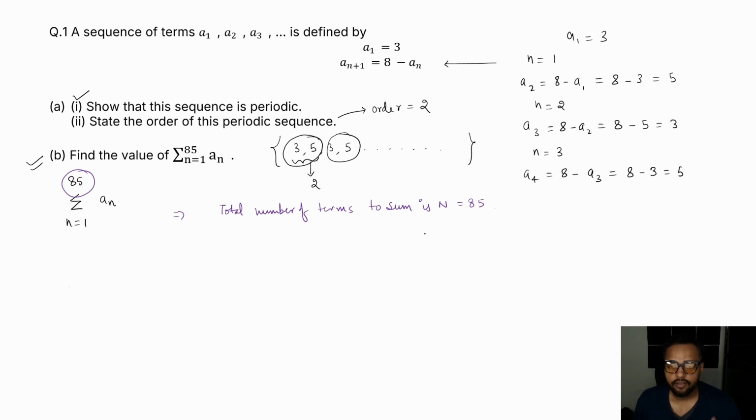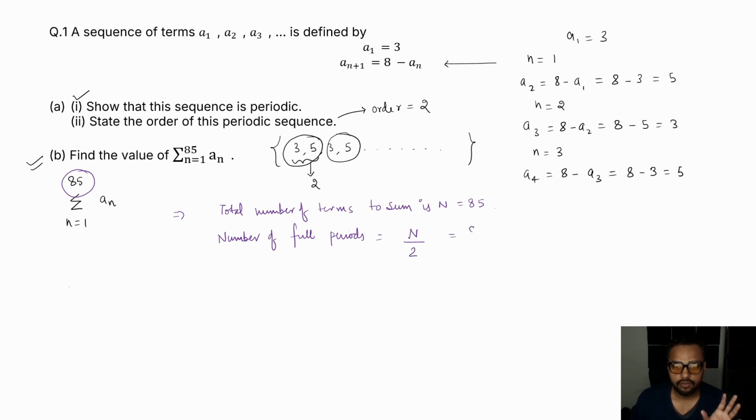Now if I want the number of full periods for this sum of 85, how should we proceed ahead? The number of full periods will be equal to the number of terms to sum upon the periodicity of this particular sequence, that is 2.